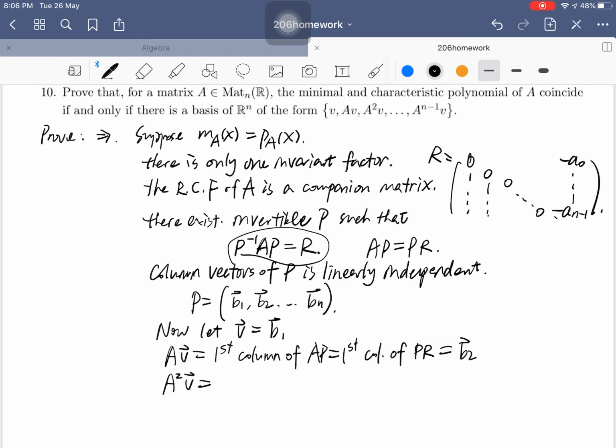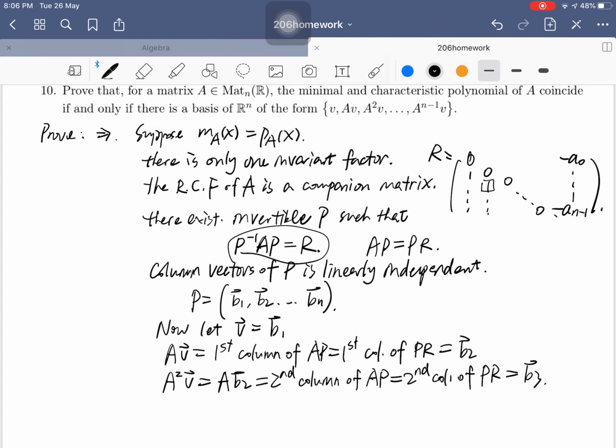Then A squared v is just equal to A times B2. And this is the second column of AP, which is the second column of PR. And since the second column of R has 1 in the third entry but 0 in the other entries, the second column of PR is just the third column of P, which is B3.